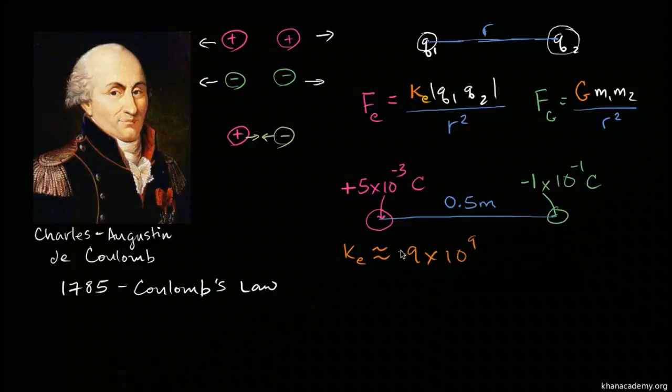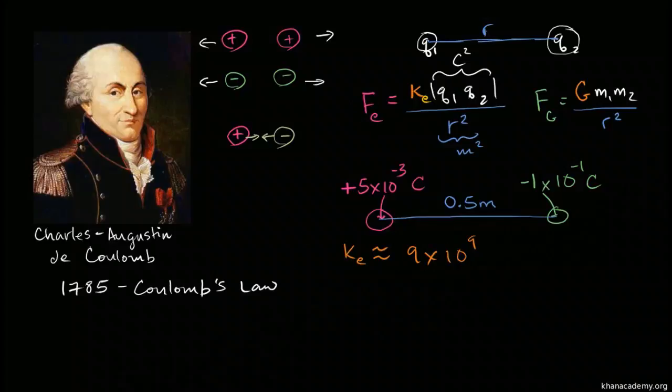And what are the units going to be? Well, in the numerator here, when I multiply coulombs times coulombs, I'm going to get coulombs squared. And this down over here is going to give me meters squared. And what I want is to get rid of the coulombs and the meters and end up with just newtons.